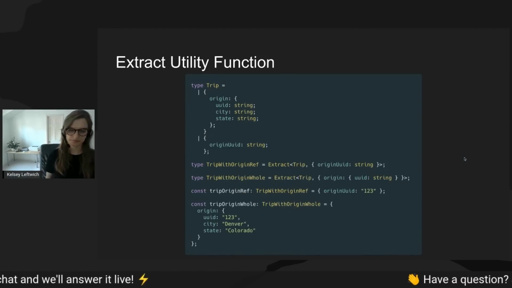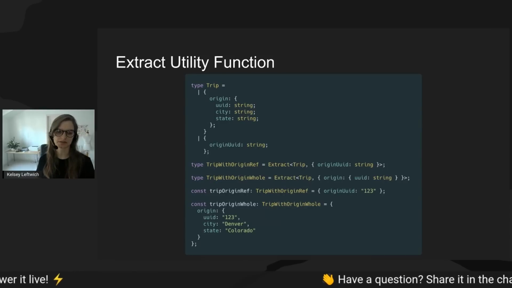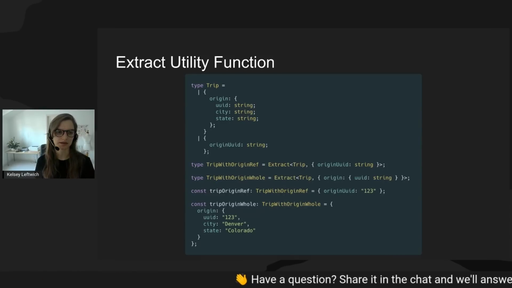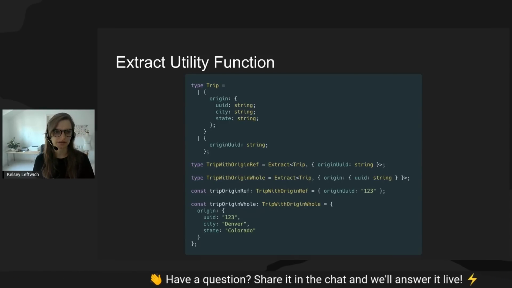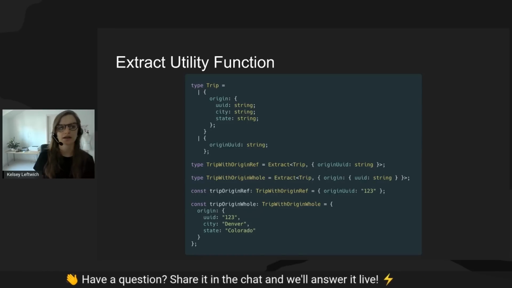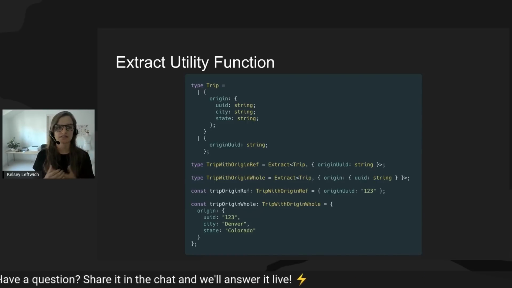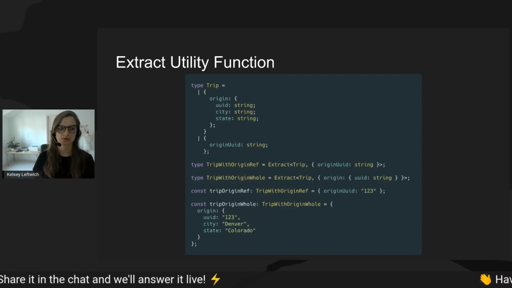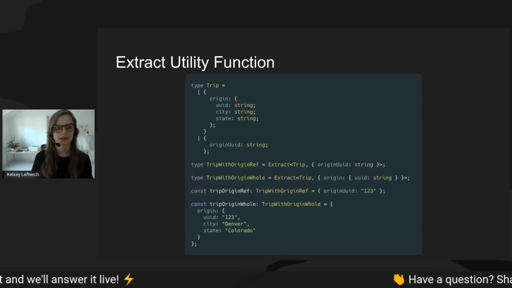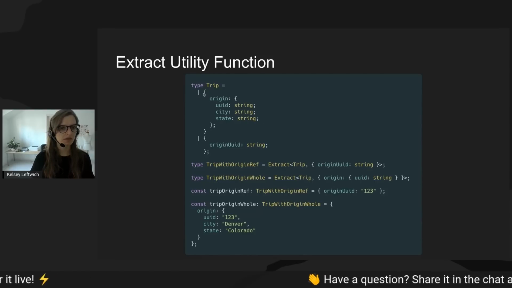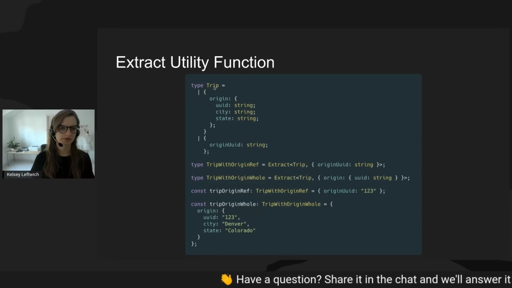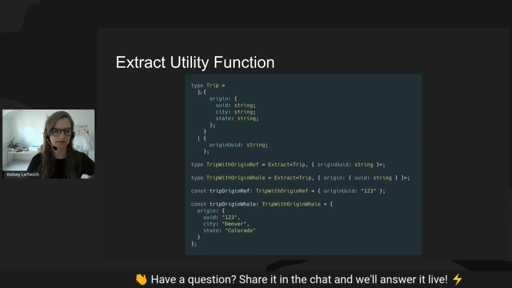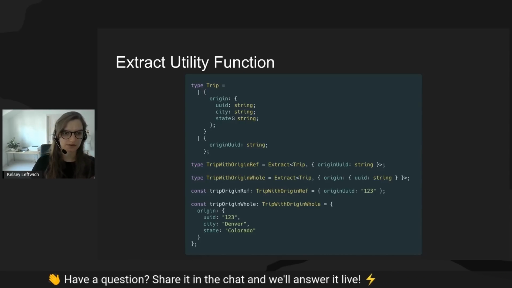Okay, so this is similar to what I was talking about with the code gen scenario, where you get a type that is a union of different combinations. Here's an example of a type called Trip, and these pipes indicate that this is a union.